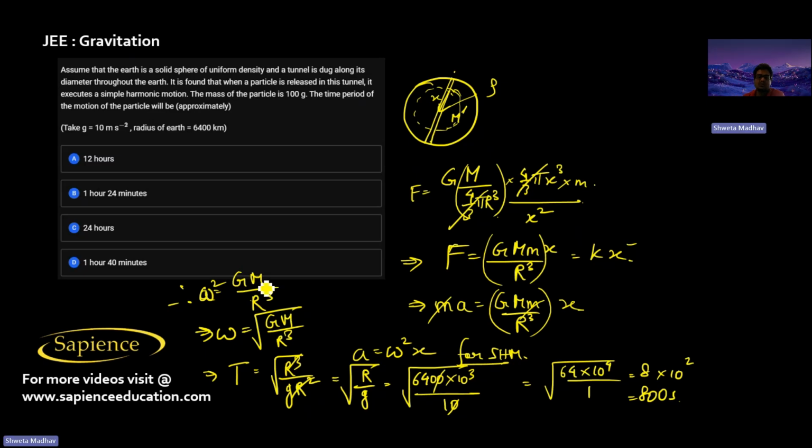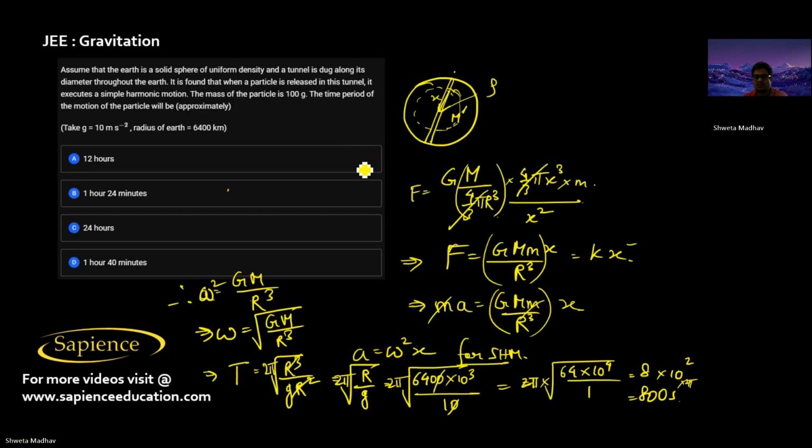So T is equal to 2 pi into root over R cube by GR square, so into 2 pi. Therefore, the required time period is equal to 2 pi into 800 seconds.